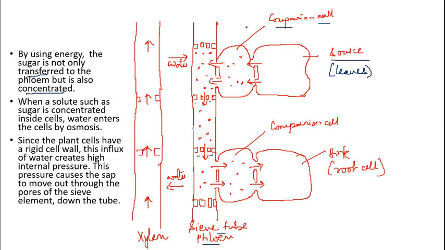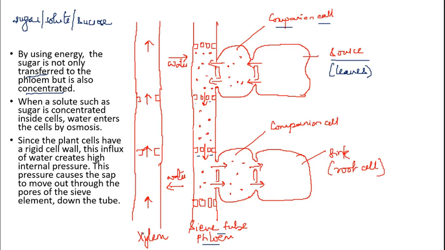When the solute, or when the sucrose, is entering the sieve tube, so when I say sugar, when I say solute, when I say sucrose, they all mean the same thing. The solute, when it enters the sieve tube, then water also enters. When solute leaves the sieve tube, then the water is also released back.